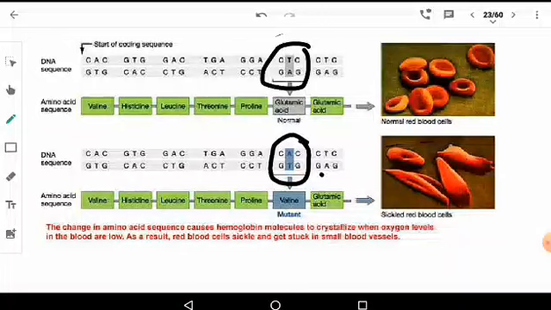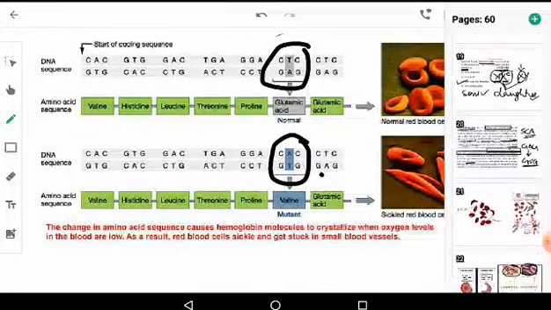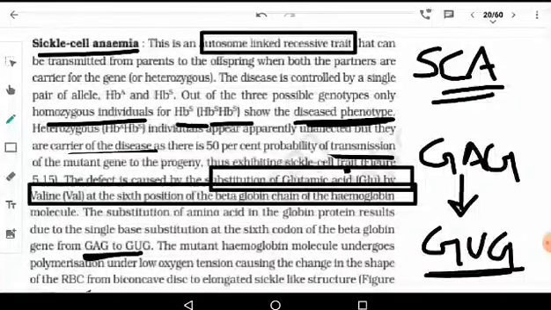And the change in RNA sequence is GAG converted into GUG. And this particular mutant hemoglobin has a very low oxygen tension and undergoes polymerization under this very low oxygen tension, as a result of which the RBC is going to change its shape from the normal biconcave disc.